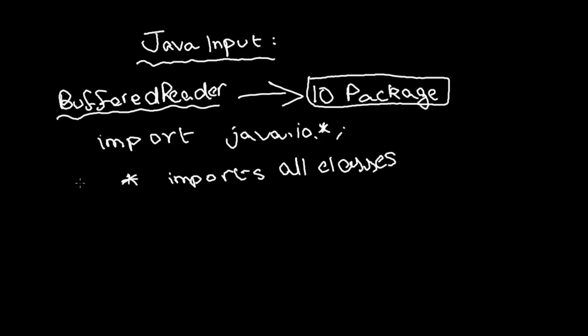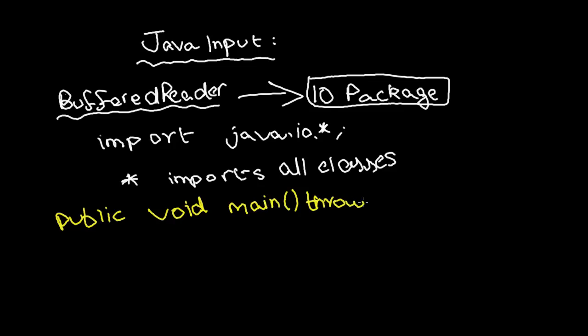That's normal. Then in the function there's a little difference. Yeah, you write your function as public void main throws IO exception.